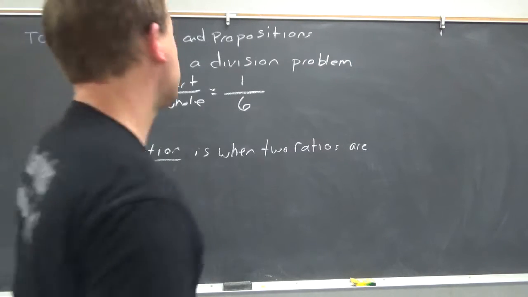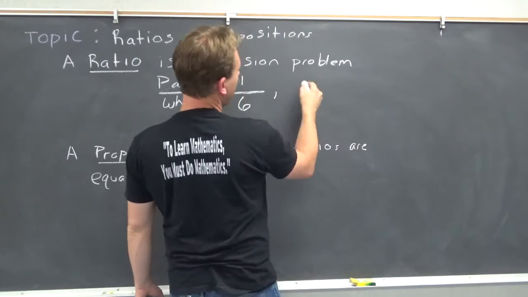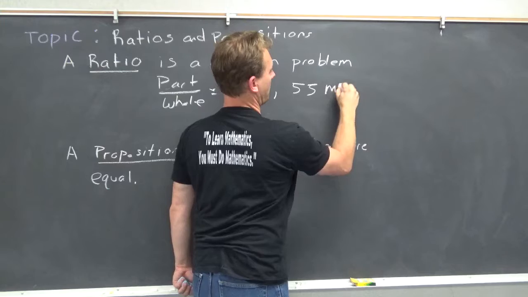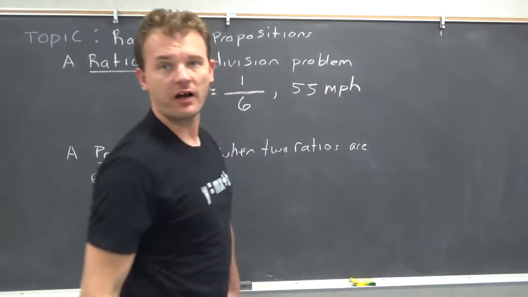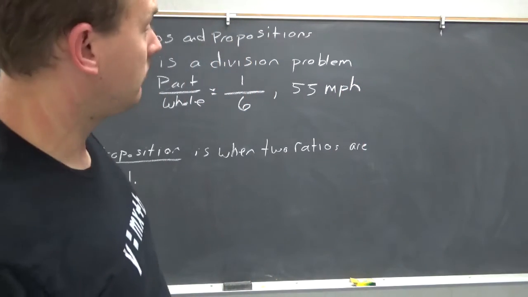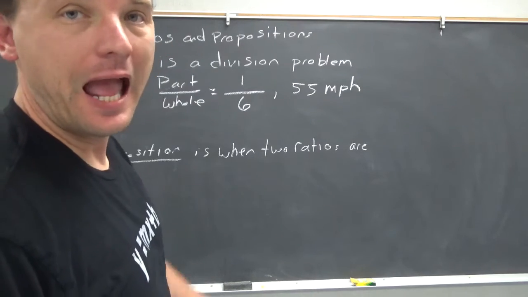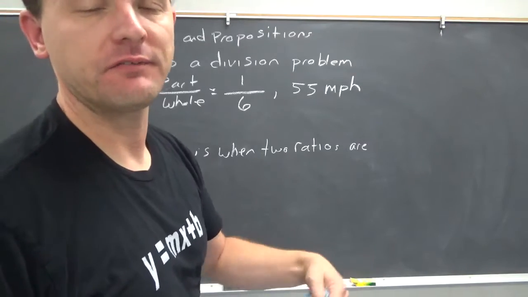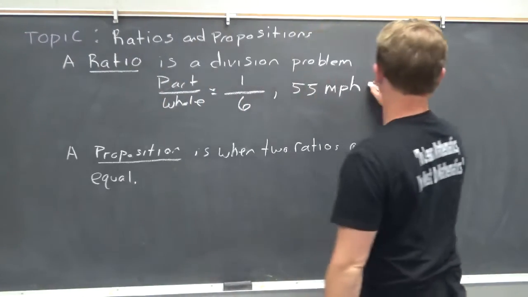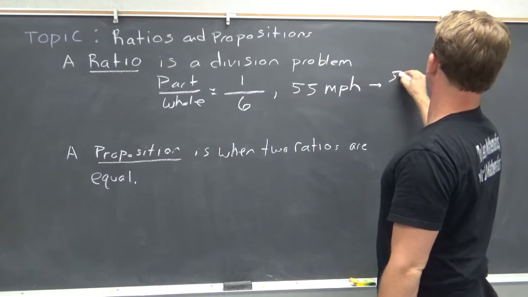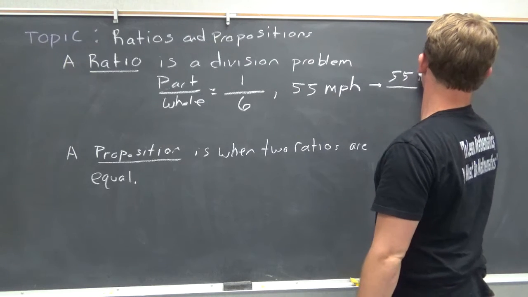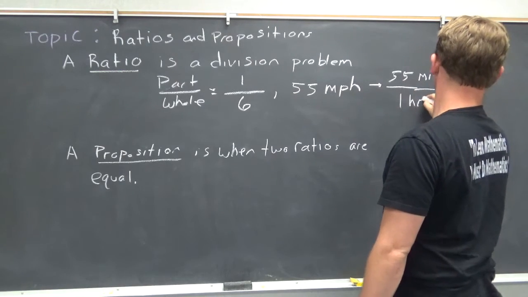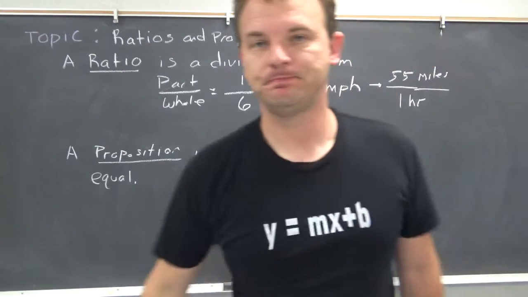Another way you can do this: 55 miles per hour. So every hour I go 55 miles. So this can be 55 miles in 1 hour of time.